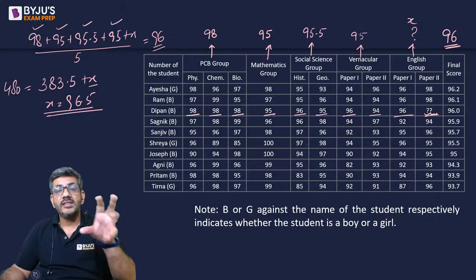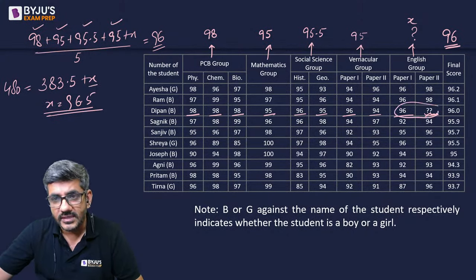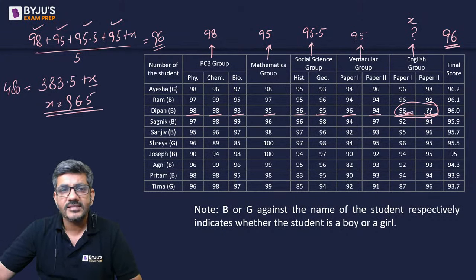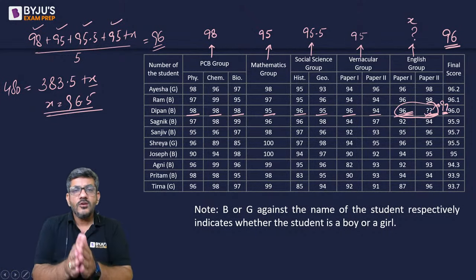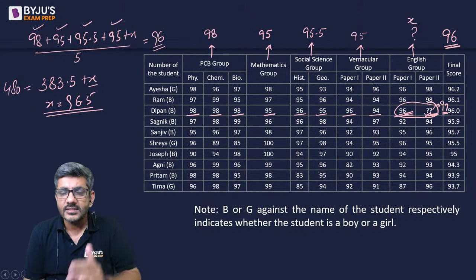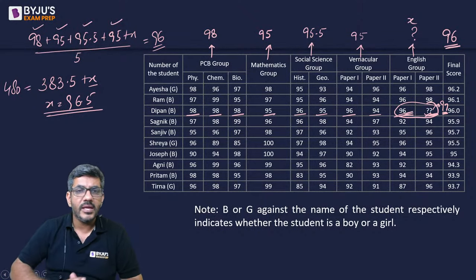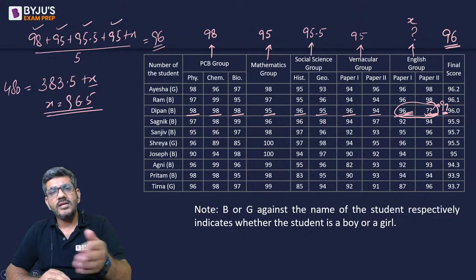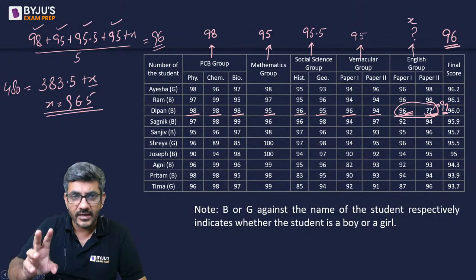The moment I get the value of X, what is X? X is his average score in these two English papers. So the average of 96 and something is 96.5. What should that something be? That something should be 97. In the same way, these are calculated for the other students as well. For Deepan, one of the scores was missing, so we have been able to calculate that. Along with calculating it, we also found out how the final scores are calculated.